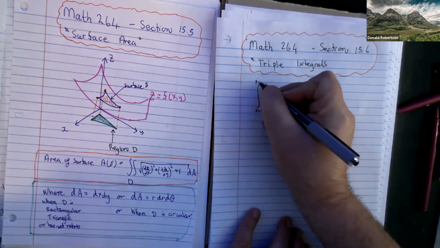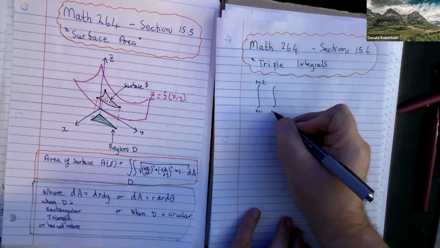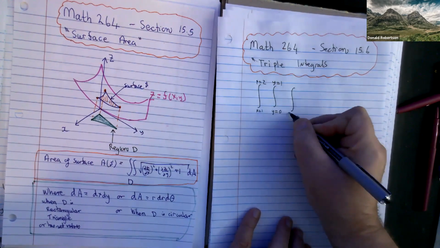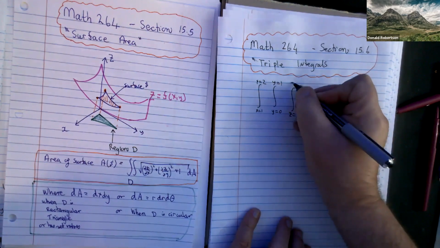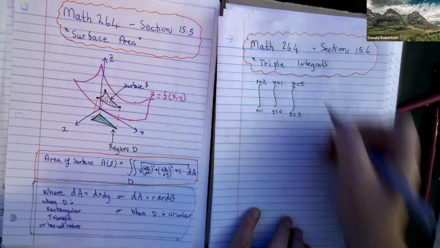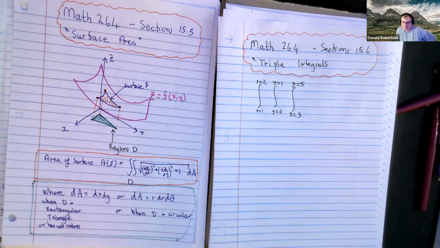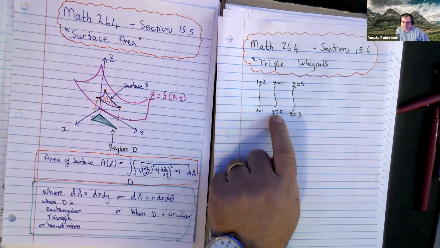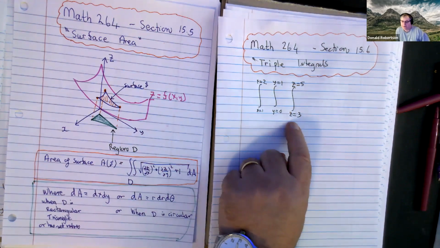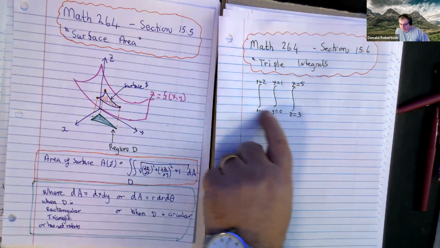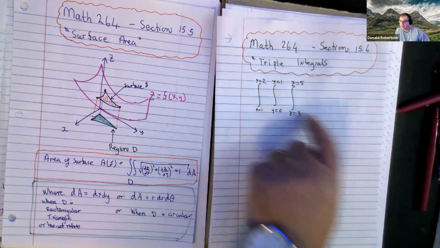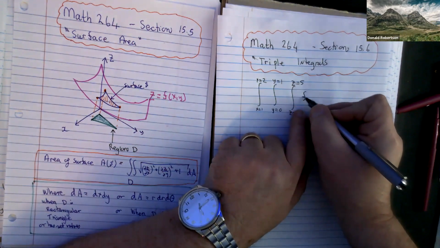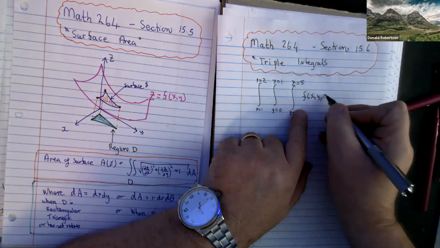x equals 1 to x equals 2, y equals 0 to y equals 1, z equals 3 to z equals 5. So you'll have three integral symbols. One will be the limits of x, the second will be limits of y, and the third will be limits of z. This is the simplest situation where everybody is numbers, which is the ones you like. Then you'll have some function of x, y, z.